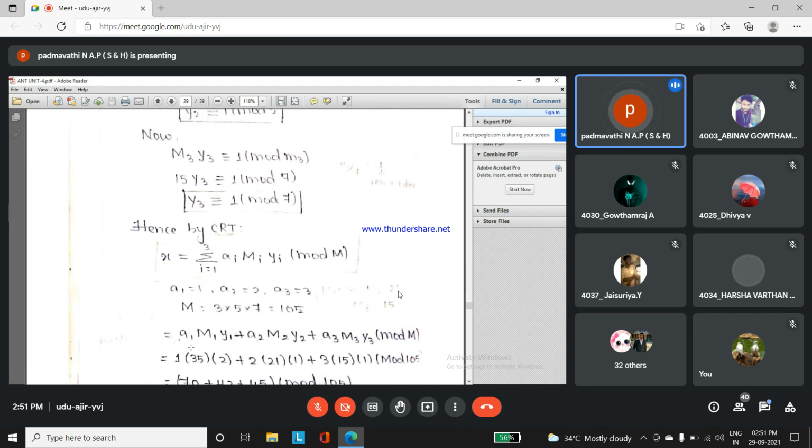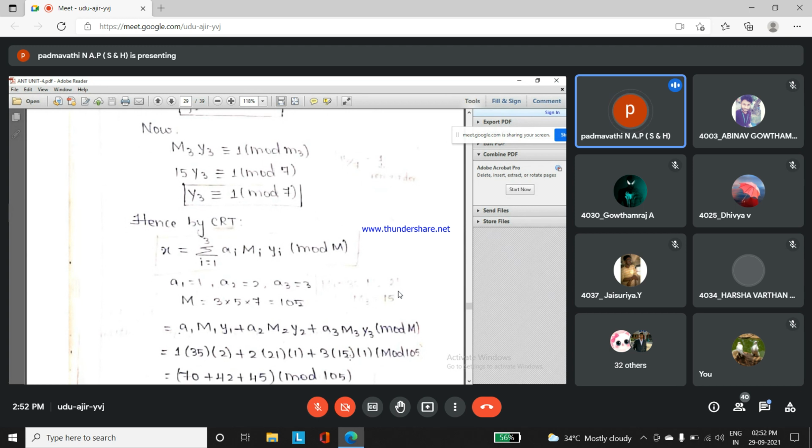So a1 value 1, m1 value 35, y1 is equal to 2, okay. Then a2 value 2, m2 is equal to 21, then y2 equal to 1, plus a3 equal to 3, then m3 is equal to 15, y3 equal to 1, mod capital M, that is equal to 105.